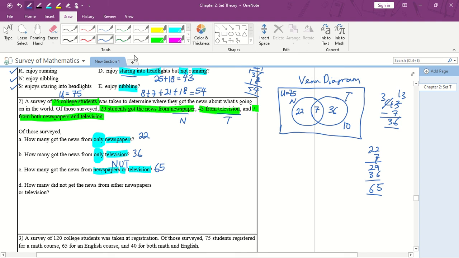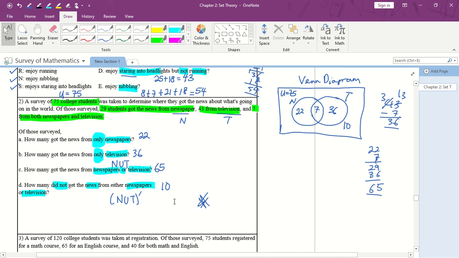And here's another one. How many did not get the news either from newspaper or television? This basically just means N union T prime, which is outside. And we know that it is the extra 10 here. And the answer here is 10. And that's all for the question. It's kind of easy, right?